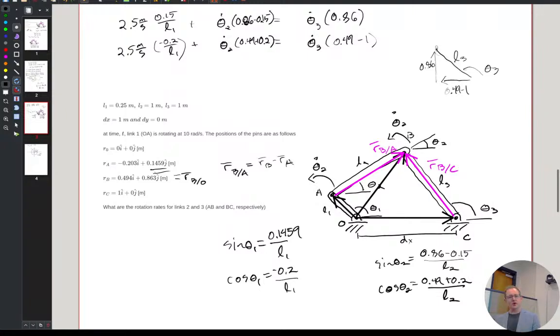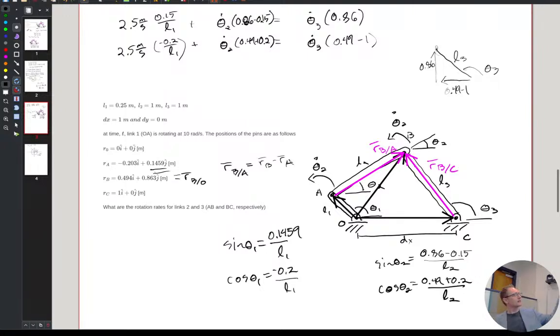The important part is the ratio of the link sizes. If we multiply all of them by 10, all the rotation rates are still going to be the same, even if they were 10 times larger or 10 times smaller. Yeah, because you said L2 cancels, you just need to know one of those.